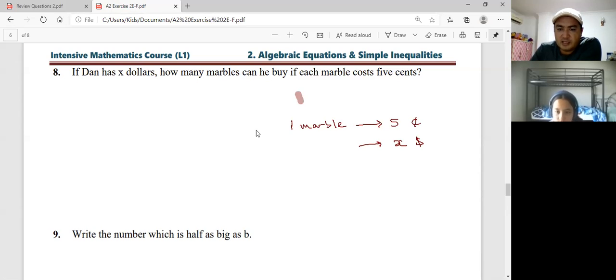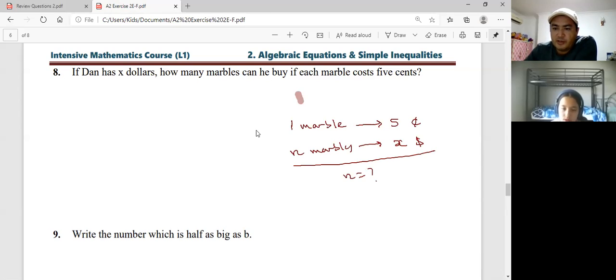Let's say he can buy N marbles. We need to find N, okay? As you see here, cent, it is dollar. Either we should change cents into dollars or dollars into cents. Which one is easier? Here we have X dollars. I can change this into cents.